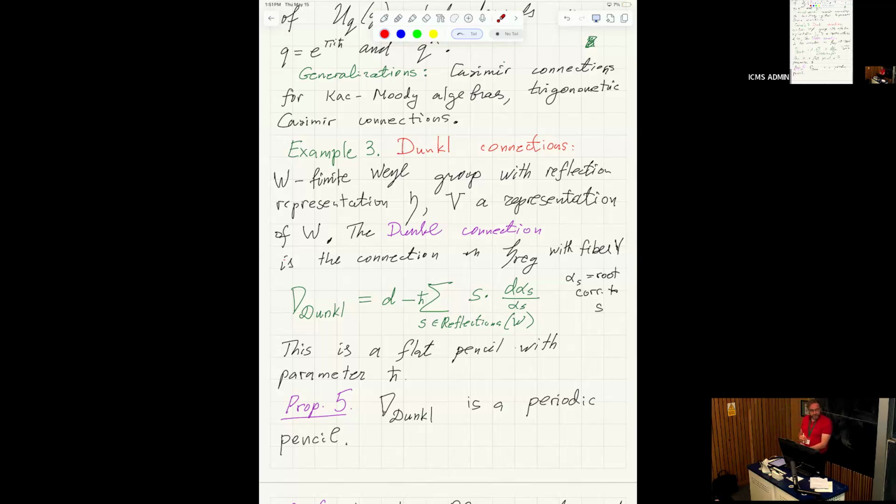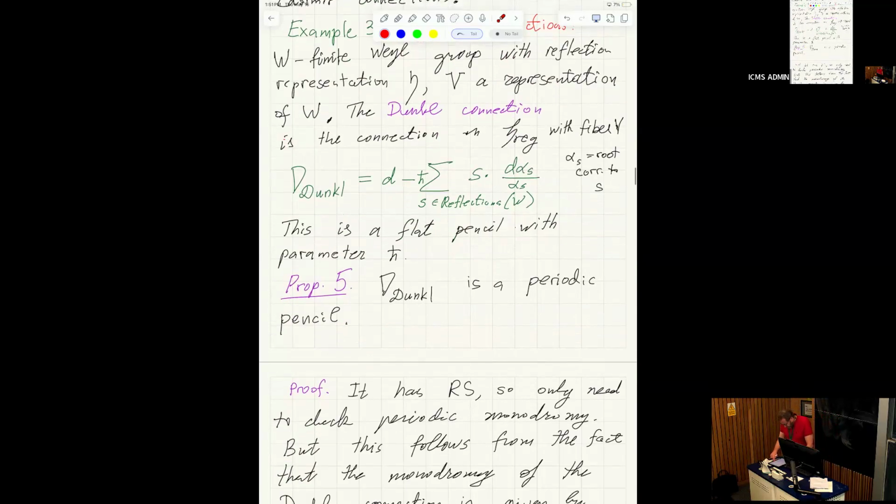So the claim is that this is a periodic pencil. So this means that the equations for parameter h and h plus 1 are equivalent. But it is not easy to write down this equivalence, although in this case it can actually be computed explicitly. And this is the so-called Opdam shift operator.